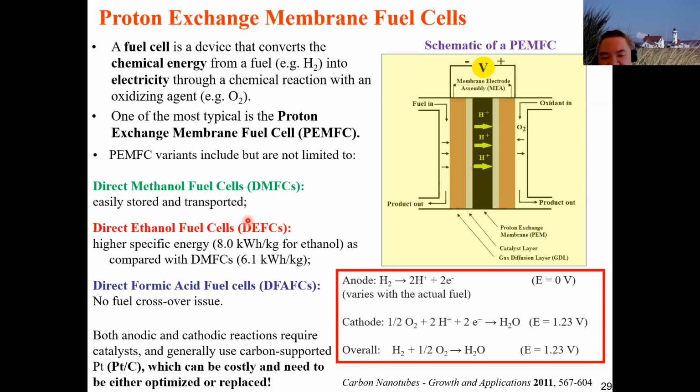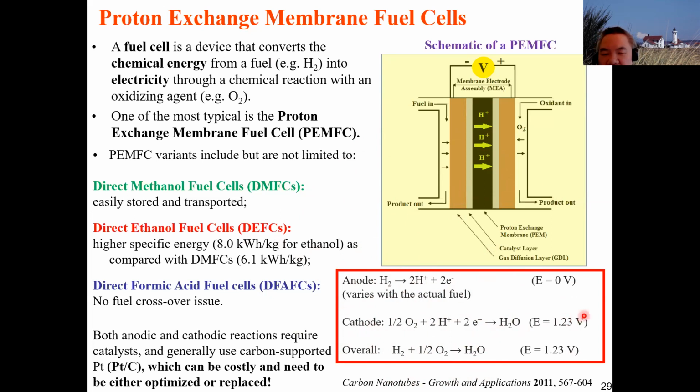Again, you may not understand the terminology, but the bottom line is that you have reactions that take place within the fuel cell at the anode and the cathode, and the overall reaction is hydrogen gas plus oxygen gas becoming water.